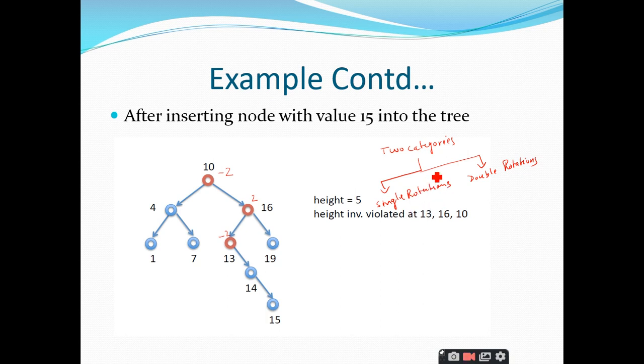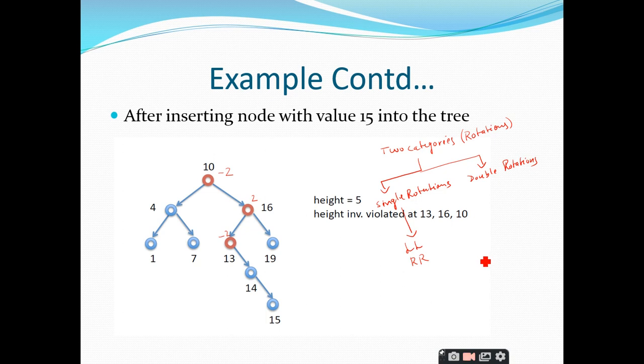So what are the two categories we have in rotations? One is the single rotations and the second one is double rotations. So what are the rotations that fall under the single rotation category? They are LL and RR.